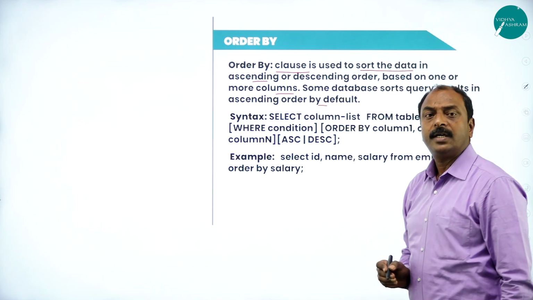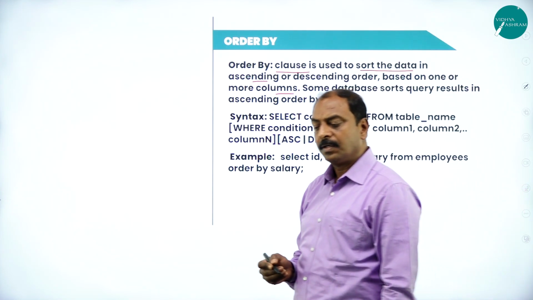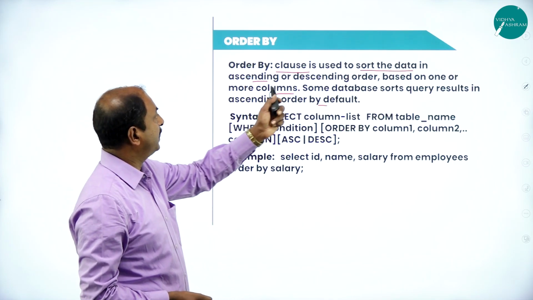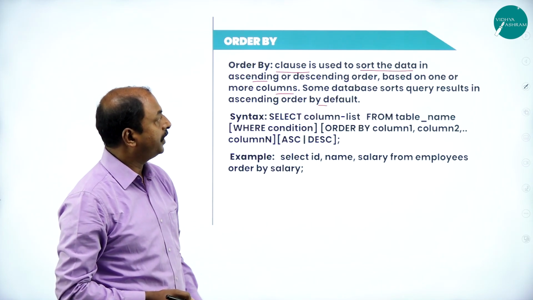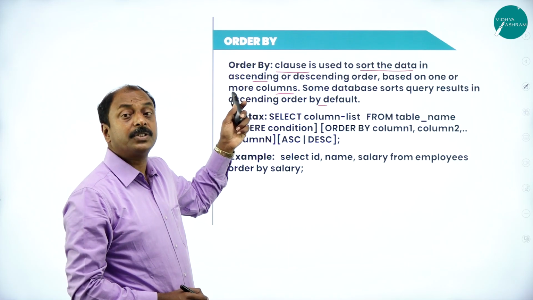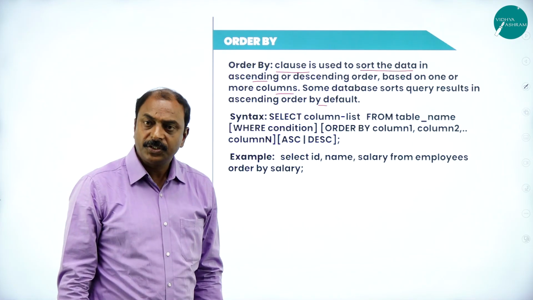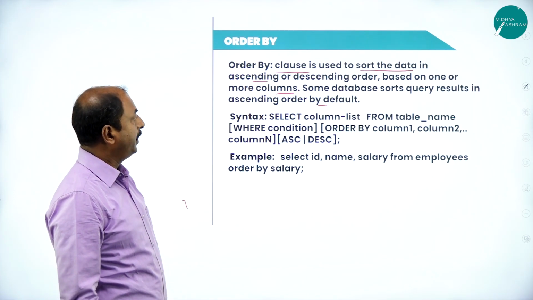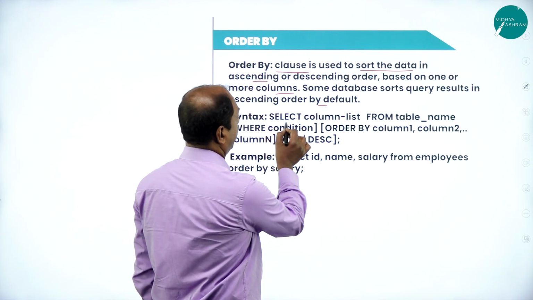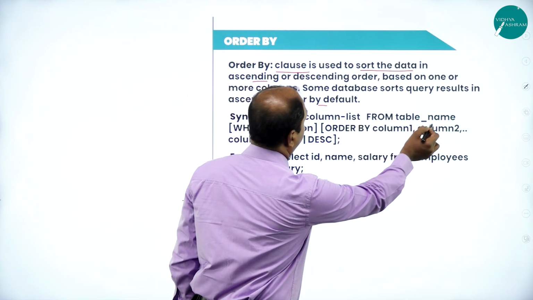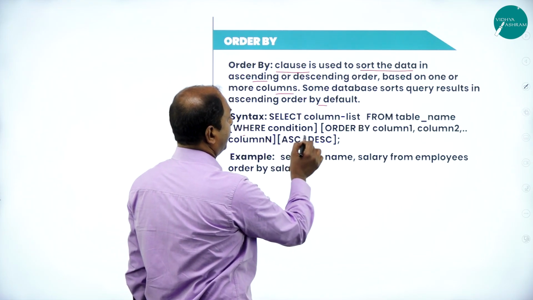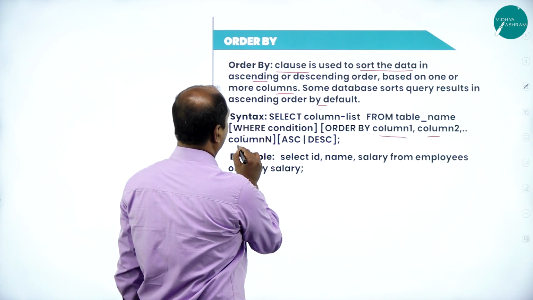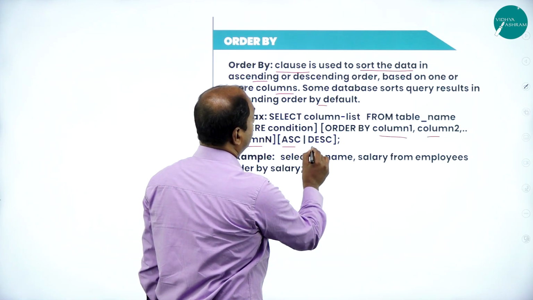Now look at the syntax of that. Here SELECT column_list FROM table_name WHERE condition ORDER BY column1, column2 ... columnN ASC or DESC.